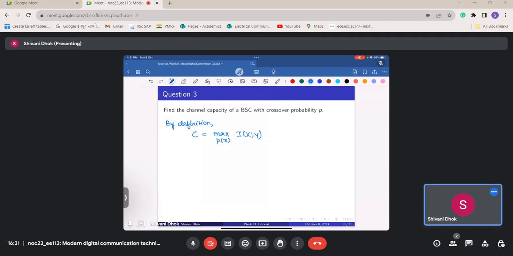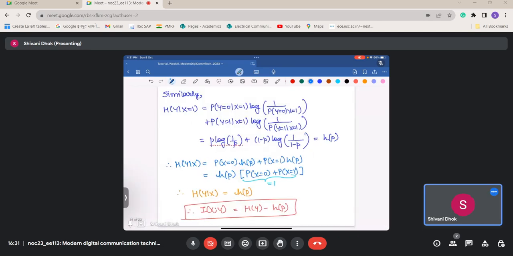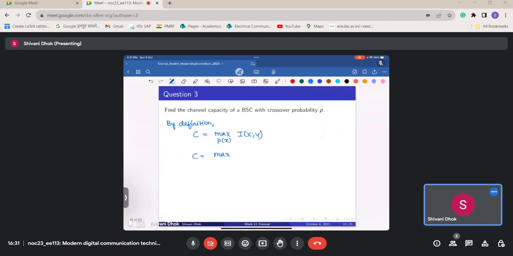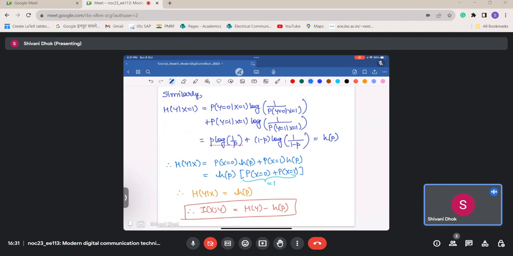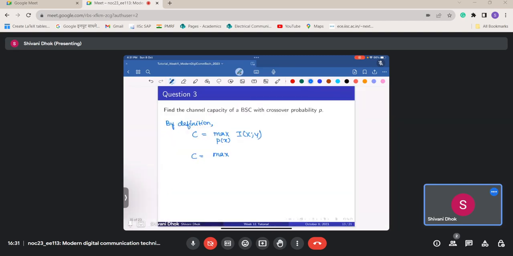This we had seen. So now C is the max of the mutual information. We had found this mutual information formula in the last question, which is H of Y minus Hp.